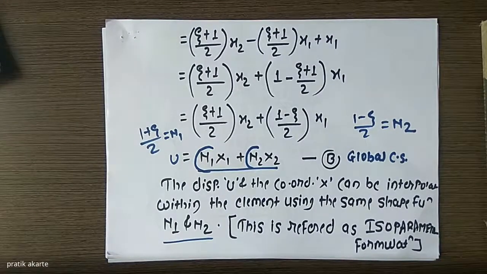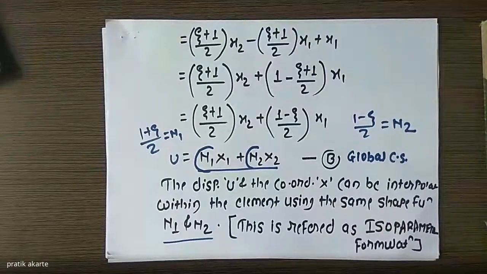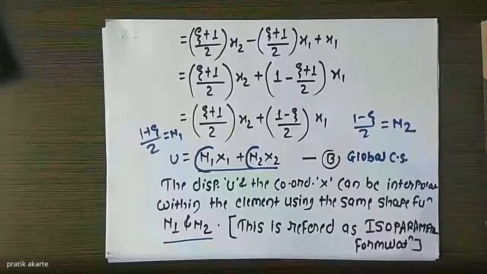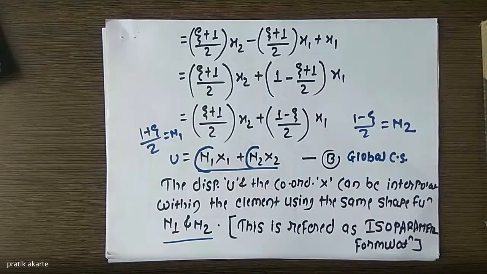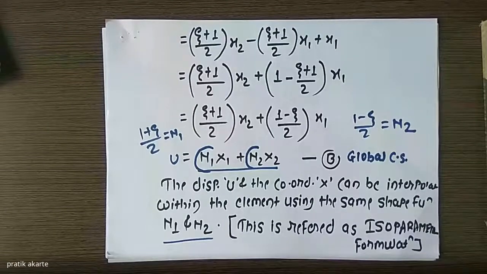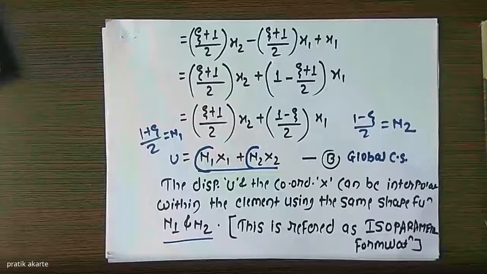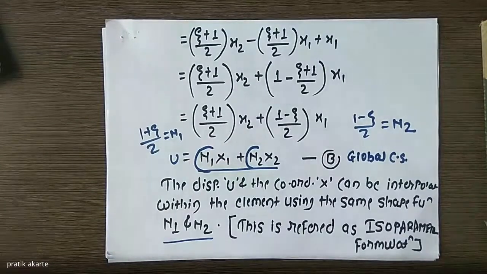Then there comes the concept of shape function, which is used for interpolation within the element. So to find out the values of a field variable in between the element, apart from the end nodes, we can use the shape function. The same shape functions N1 and N2 can be used to find any field variable in the natural coordinate system and also the global coordinate system.